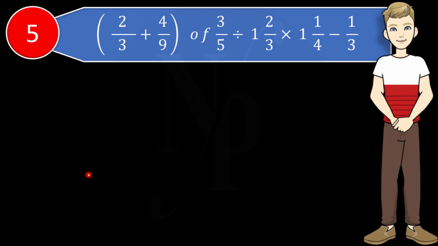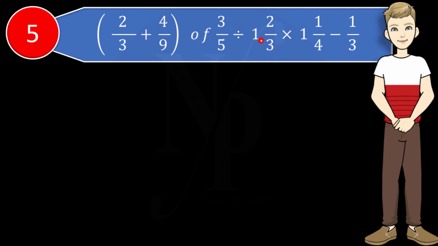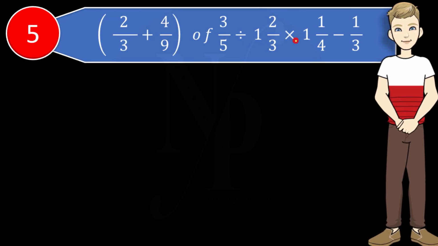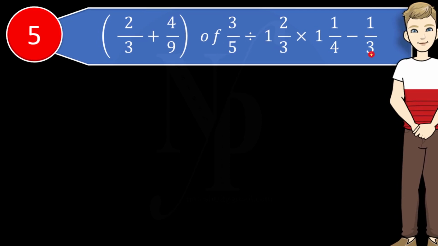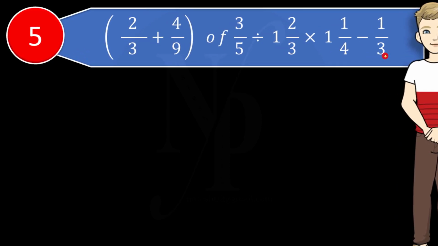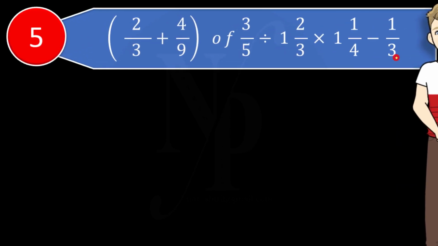Here you have a bonus example. Example number 5. 2 by 3 plus 4 by 9 of 3 by 5 divided by 1 2 by 3 into 1 1 by 4 minus 1 by 3. So let us simplify this expression.